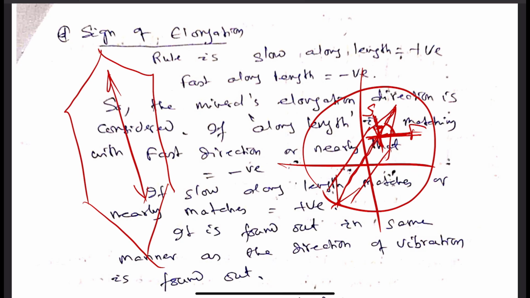If the slow is making a smaller angle, then this direction is generally called slow. If it is matching, it's okay. If it is not matching, the smaller angle to the vibration direction is being considered, and accordingly the elongation direction is being decided whether it is fast or slow.